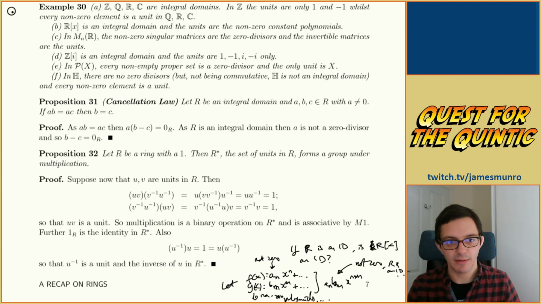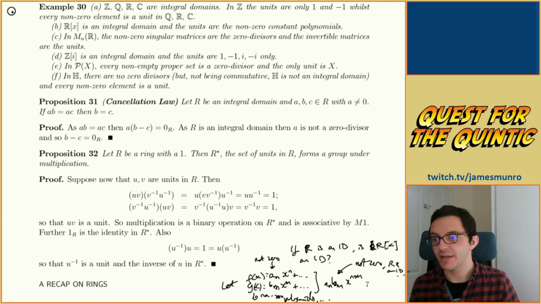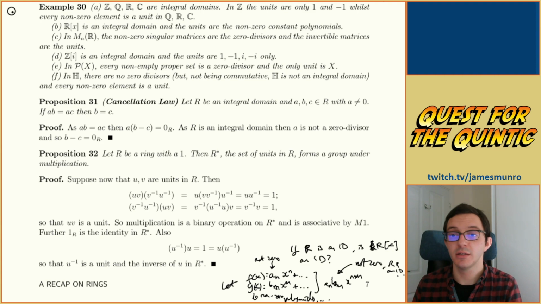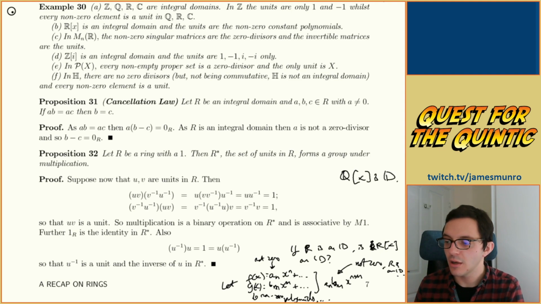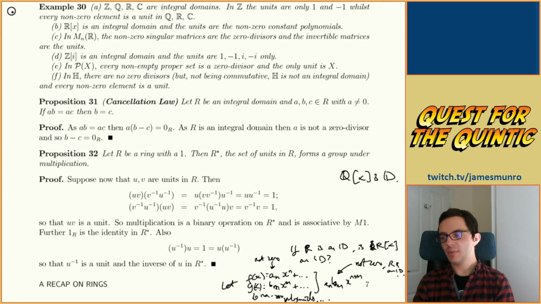So you could continue that process, because then R of x and y would also be an integral domain. In particular, Q is an integral domain, so Q of x, if we care. Let's write that down. And do I want Q of x and y? Well, maybe not.